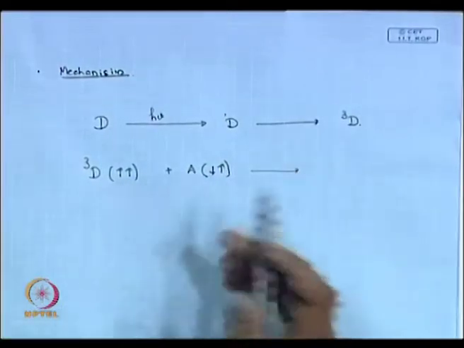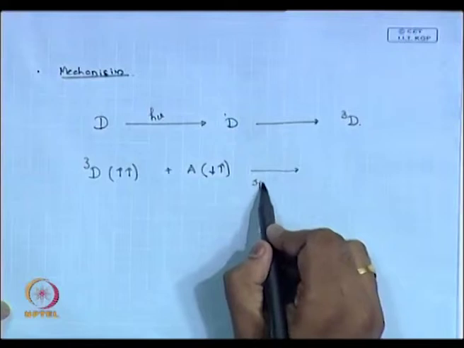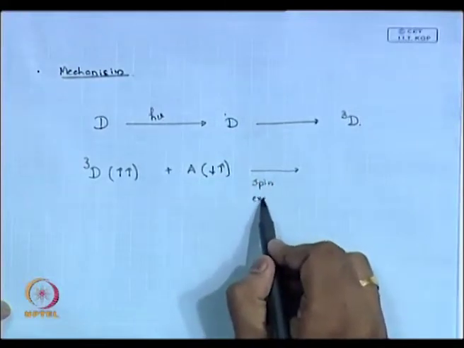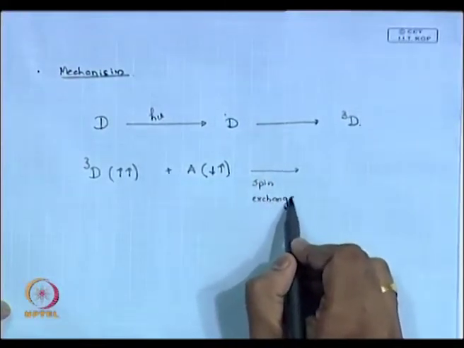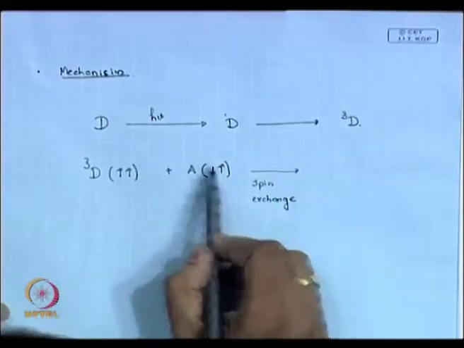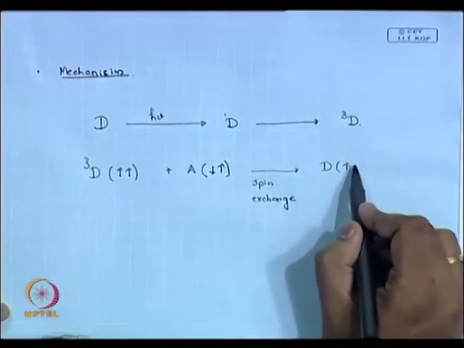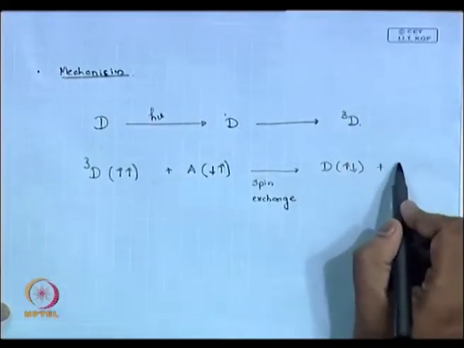Now, these two come and collide with each other. So, what happens? A type of spin exchange, okay, you can call it an electron exchange or a spin exchange. Basically, a spin exchange happens between your donor and acceptor. So, there will be an exchange of spin. So, if I write, then your donor will be like this.